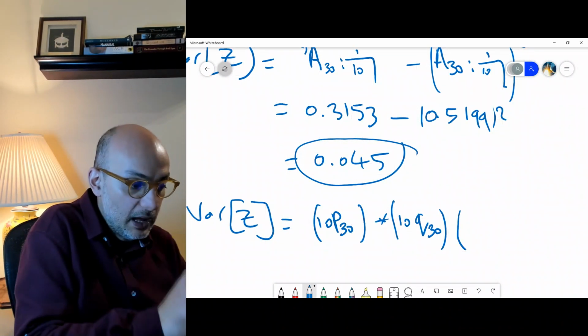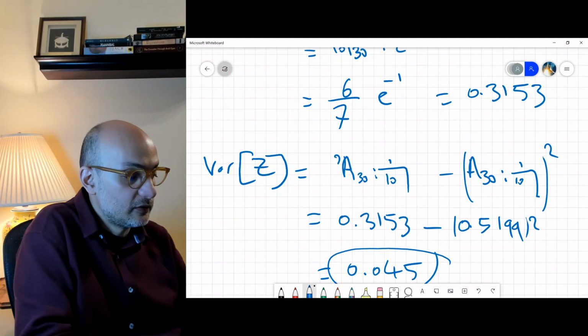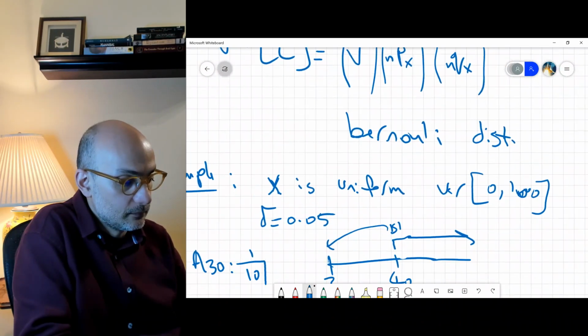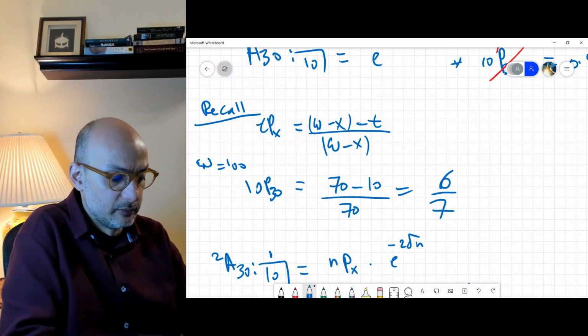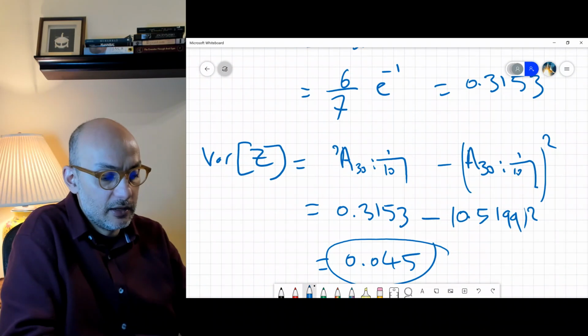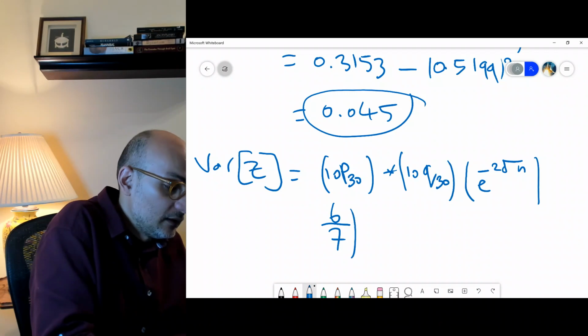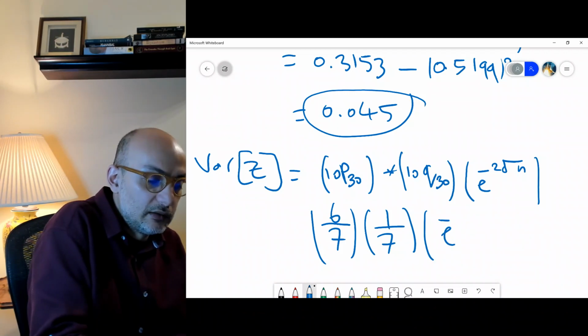And then we multiply them by e to the minus 2 delta n. This is just where we got this one from; it's a formula I told you about earlier, v to the 2n, which is e to the minus, because we are given delta. If we are given i, then we better use that one. If this is 6 over 7, the complement is 1 over 7. And this is e to the minus 2 delta n, 2 times 10 multiplied by 0.5 will be 1.